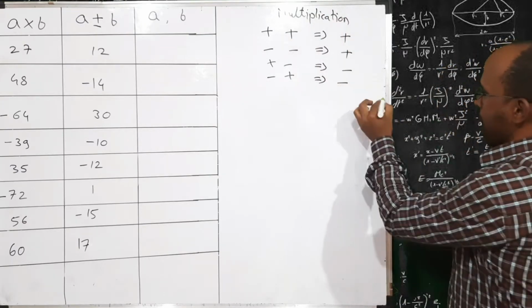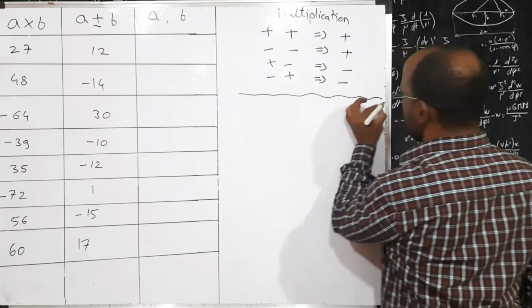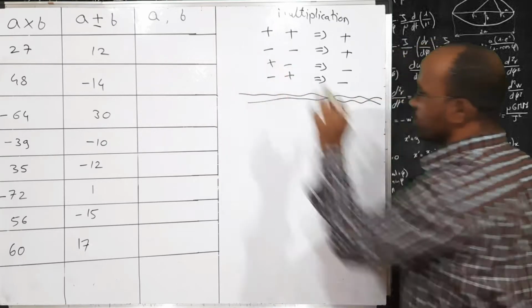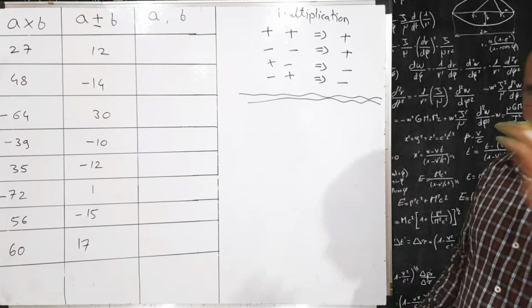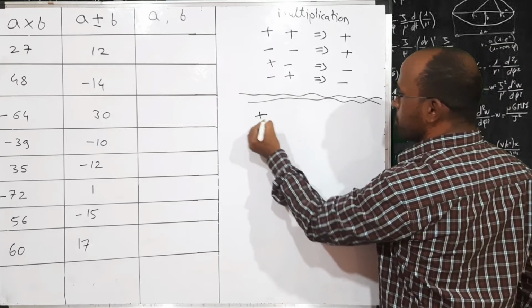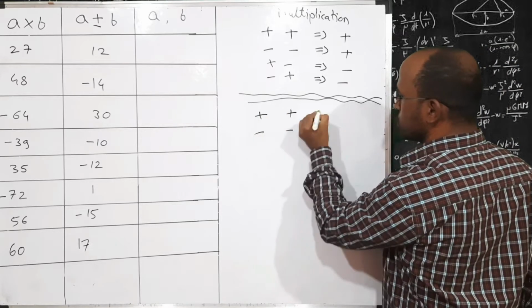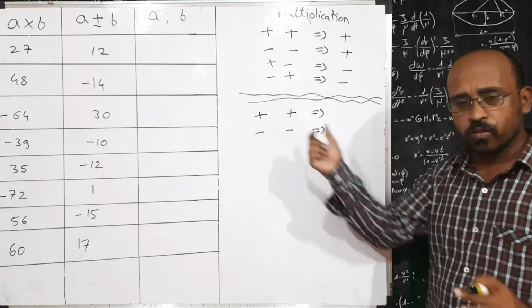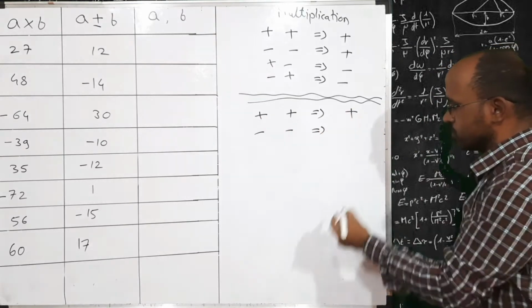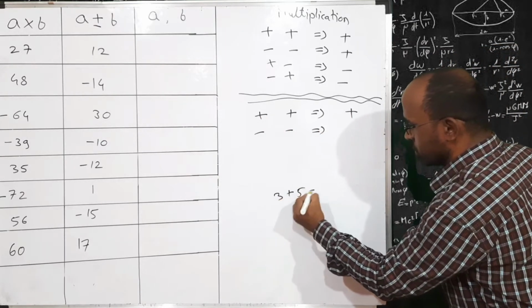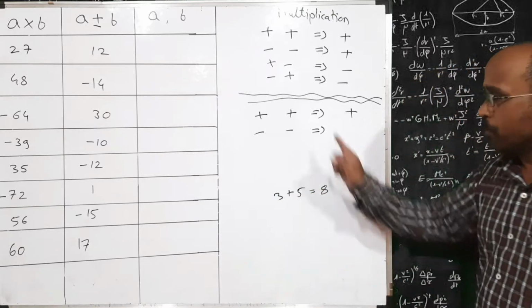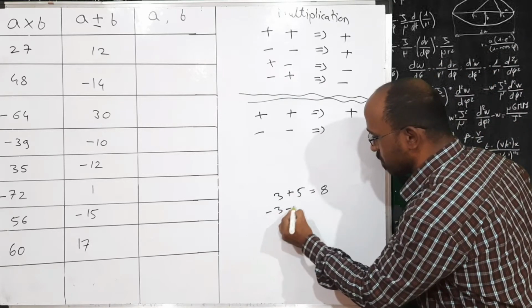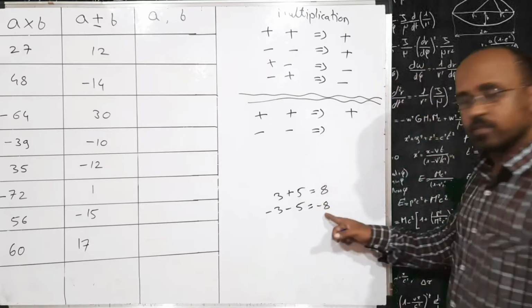As well as that, students, I know the same table we are using for addition and subtraction of integers also. If numbers have the same symbols, if both numbers are positive, we do their addition. Plus 3 plus 5, the answer is plus 8. If both numbers are negative, minus 3 minus 5, the answer is minus 8.